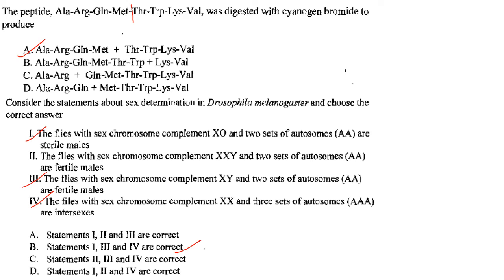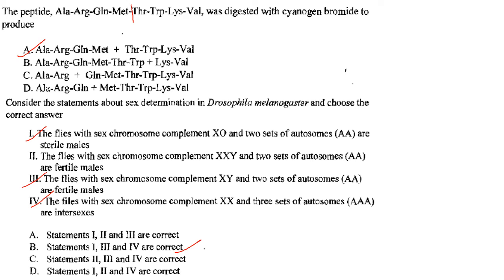Then consider the statements about sex determination in Drosophila and choose the correct answer. So the fly with the sex chromosome complement X0 and 2 sets of autosomes are sterile males. So one is correct. The fly with the sex chromosome complement XXY and 2 sets of autosomes are fertile males.